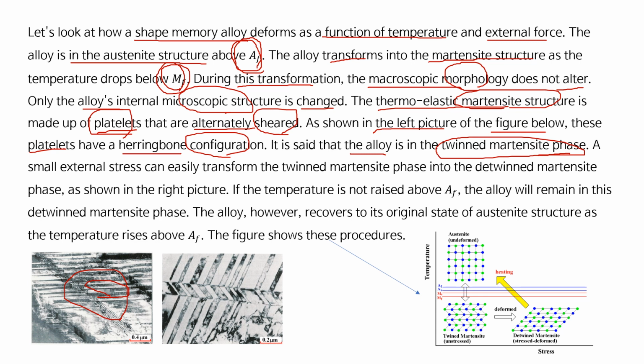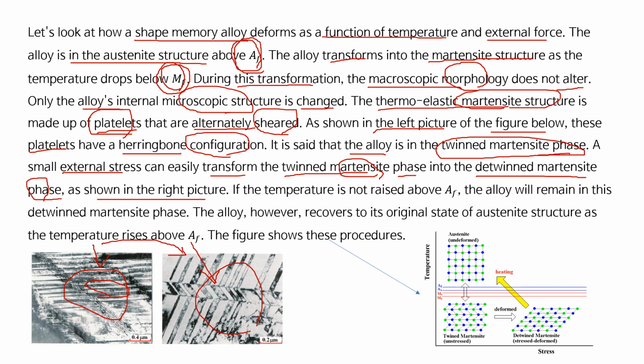A small external stress can easily transform the twinned martensite phase into the detwinned martensite phase, as shown in the right figure here. So this twinned phase can be easily transformed to the detwinned form by small external force.